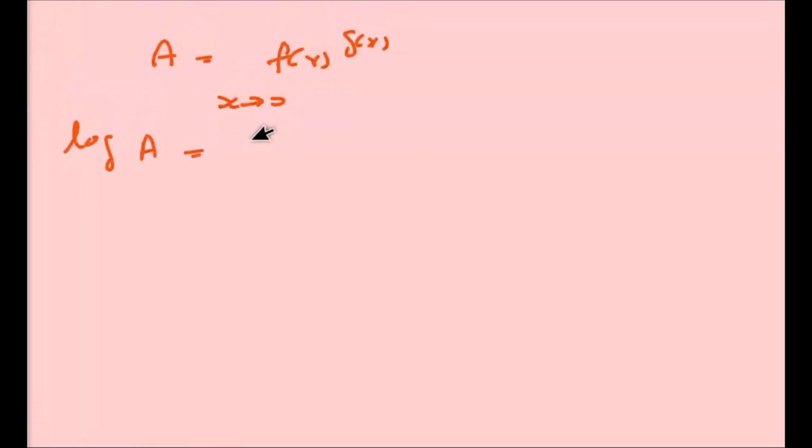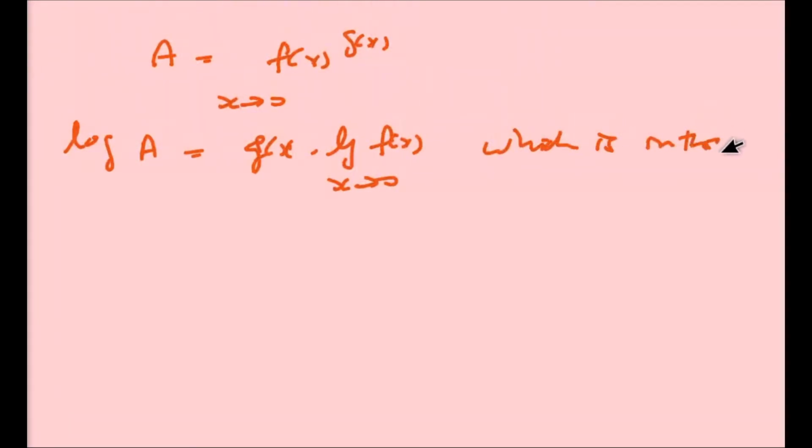So when we take the log, this power comes down, so g(x) into log of f(x), x tends towards 0. So you can say it is in the form of 0 into infinite in all the above cases.